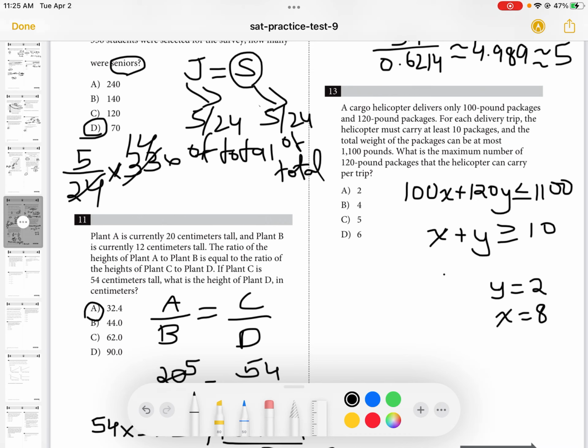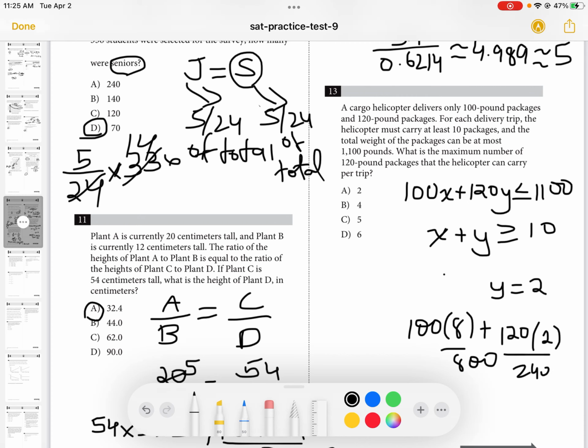We can meet the bare minimum. So that would be 100 times 8 plus 120 times 2. That's 800, and that's 240. That's less than 1,100. 1,040 is less than or equal to 1,100. So that checks out.